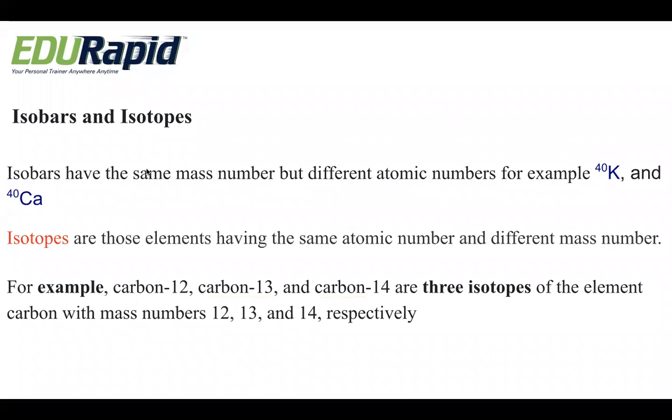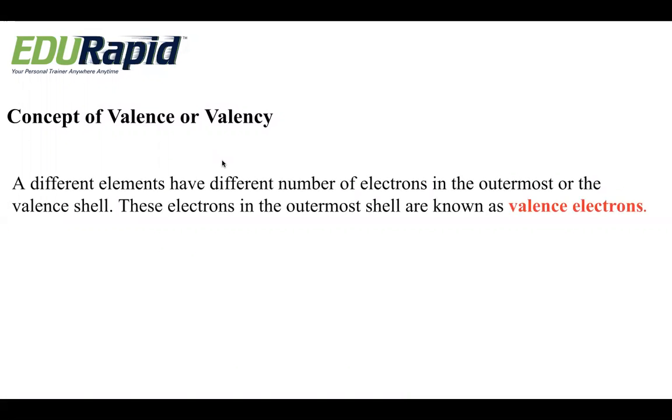We'll move on to the next important concept of atomic structure, that is the concept of valence or valency. Different elements have different numbers of electrons in the outermost or valence shell. These electrons in the outermost shell are known as valence electrons.